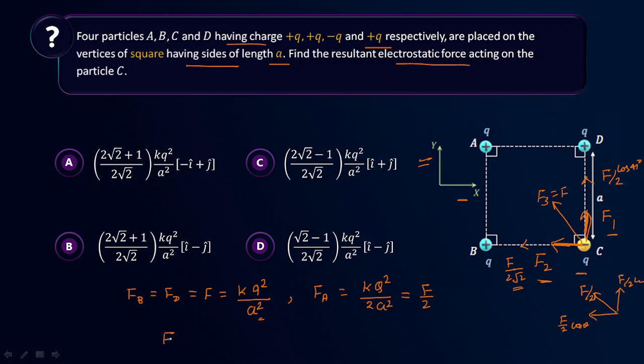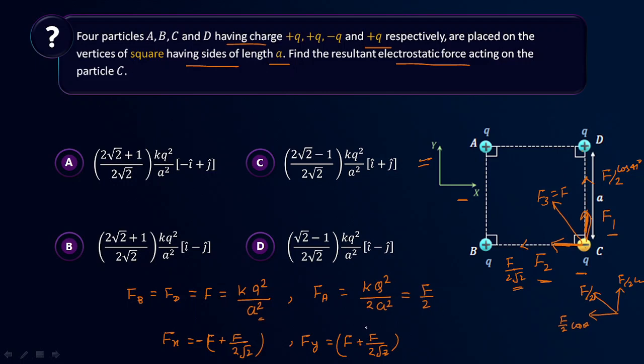So can I say that force along x-axis will be equal to F plus F by 2 root 2, and it is in negative direction, so minus sign. Similarly we can say force along y will be equal to F plus F by 2 root 2, and both are in upward direction, so positive sign.